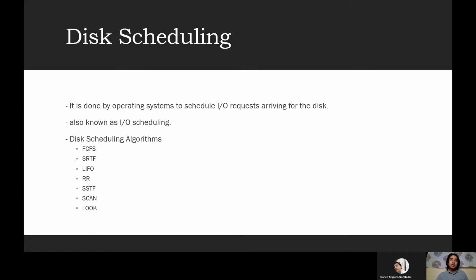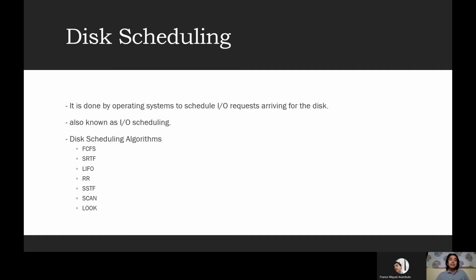So next is disk scheduling. The definition given by GeeksforGeeks is that this scheduling is done by operating systems to schedule input-output requests arriving for the disk. This scheduling is also known as input-output scheduling.